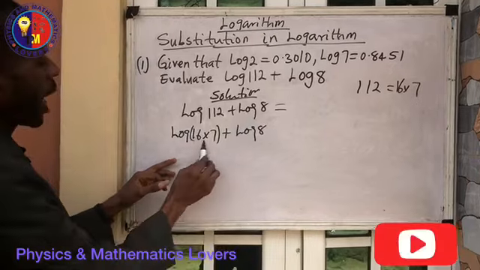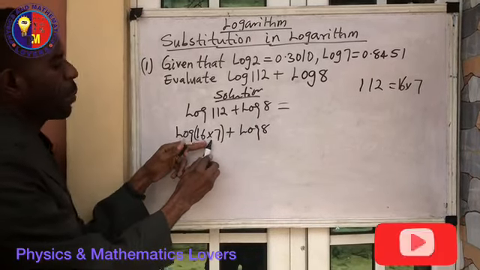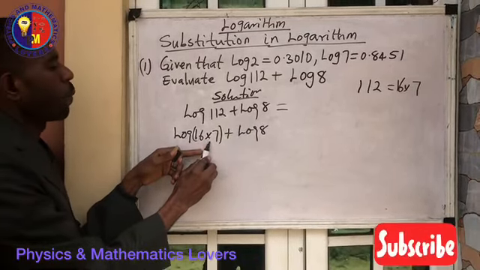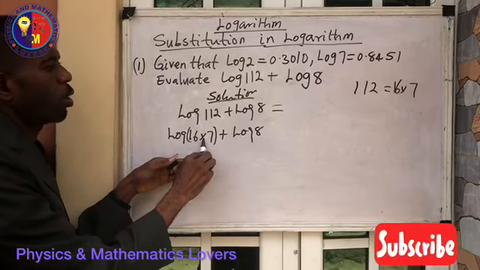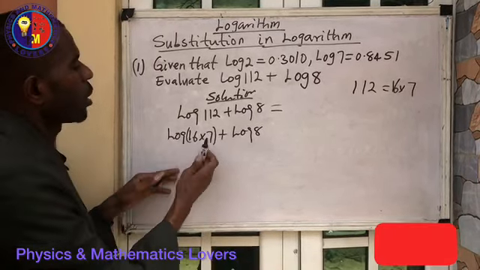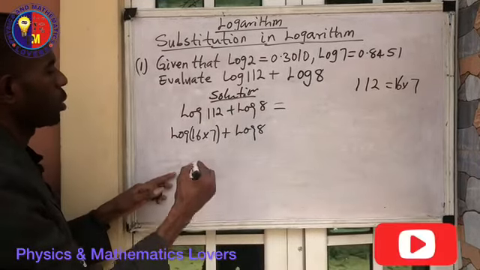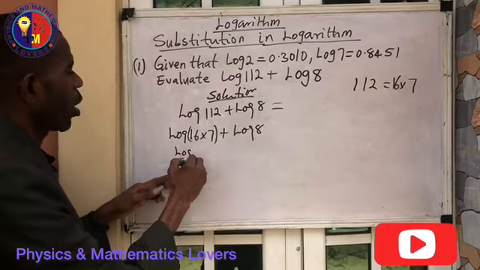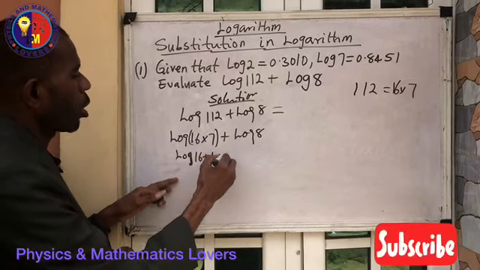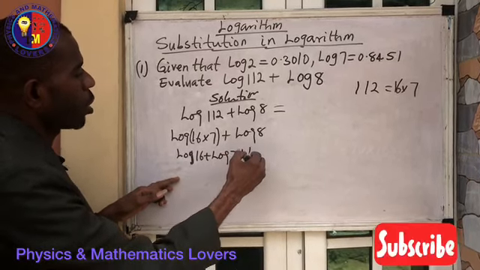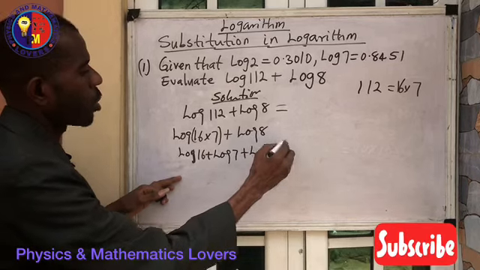Now let us apply the addition law. Remember, in our laws of logarithm, it is addition that will give you multiplication of the two logs. So let us reverse it back to addition. Which means log 16 plus log 7 plus log 8.